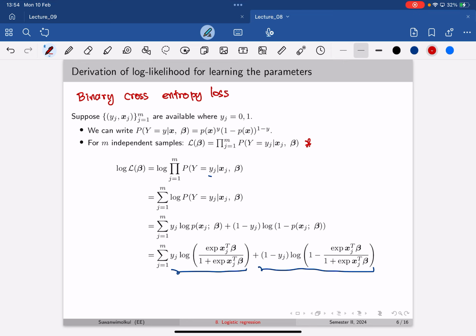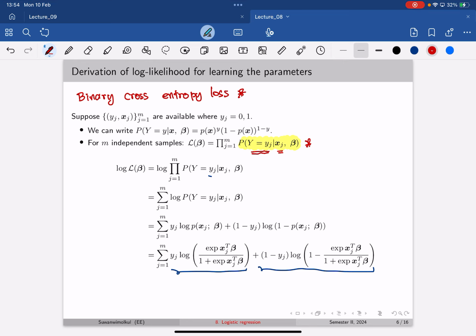Okay, so usually we will use what is called a binary cross entropy loss, which is the loss function that is derived directly from the probability of, let's say, if we are given an input x, we are computing the likelihood that the model will provide us the class output as class y.